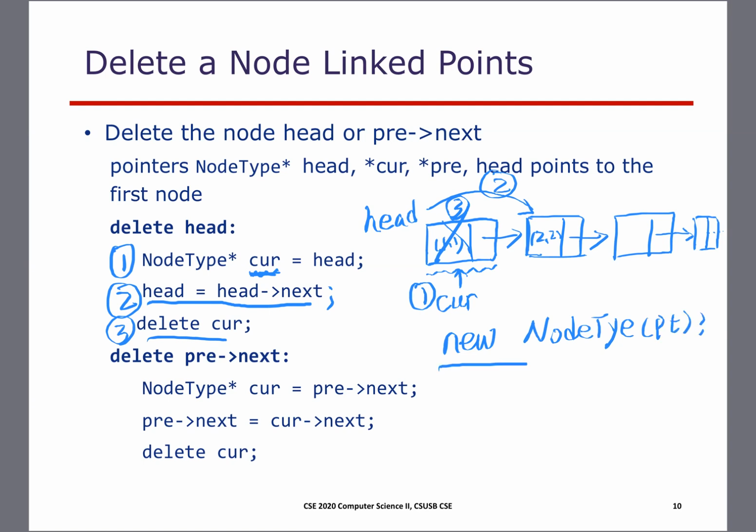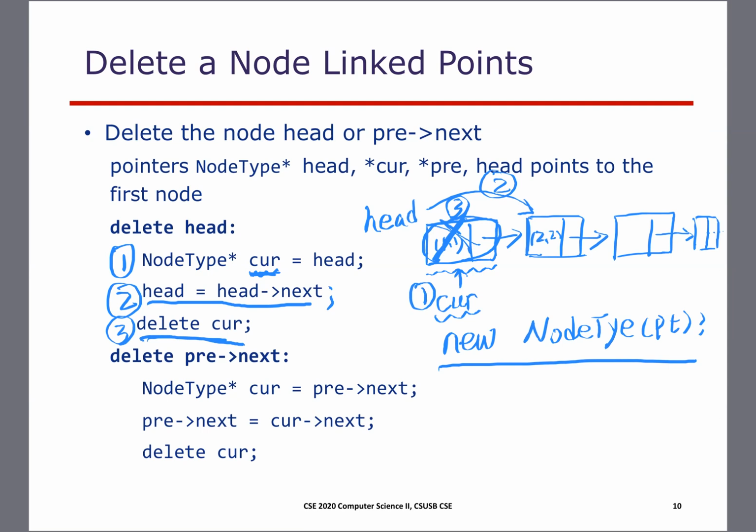So we need to explicitly delete this node to release the memory space allocated to this node. So we need to call delete current. Delete current means release this memory space. It doesn't mean delete this variable, this pointer current. It just releases the memory space allocated to the node.